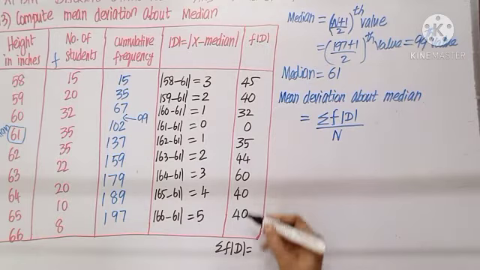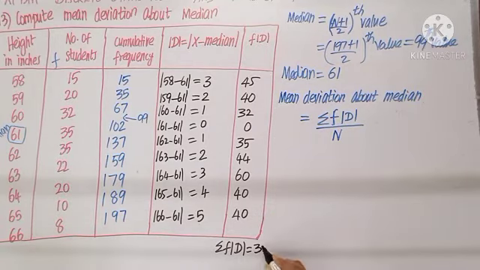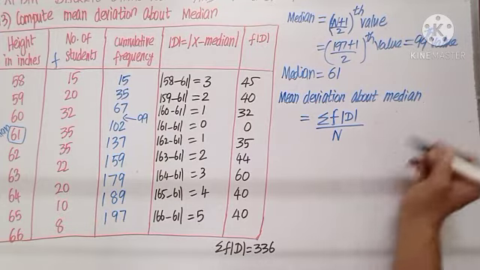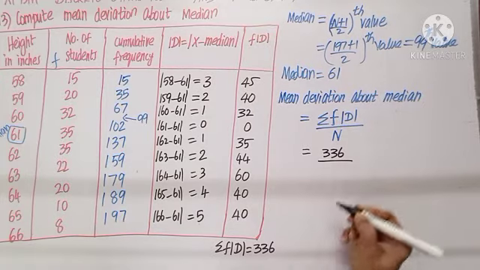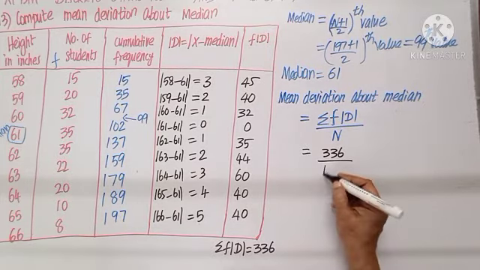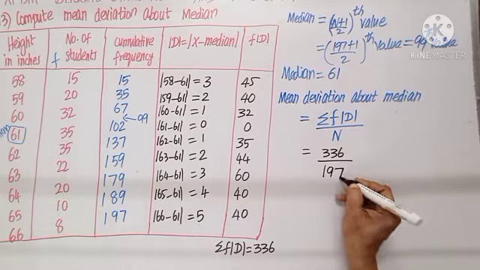Let us total it all. Call it sigma f into mod D. It is 336. As I substitute, it is 336 divided by N, which is 197.